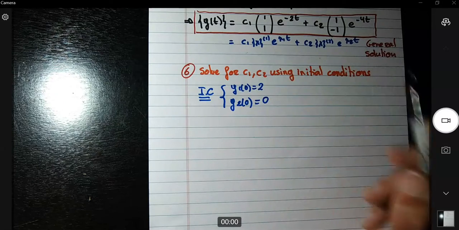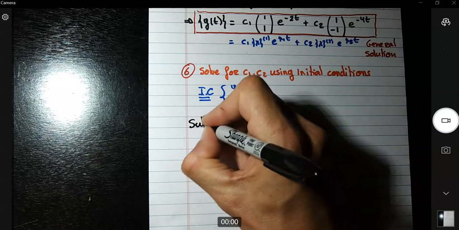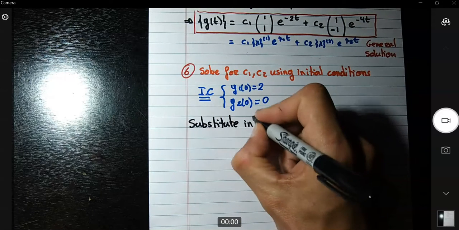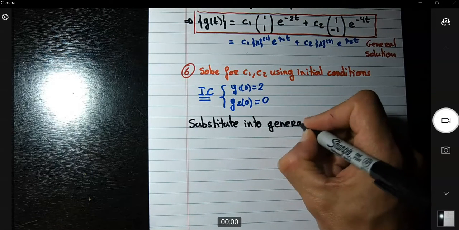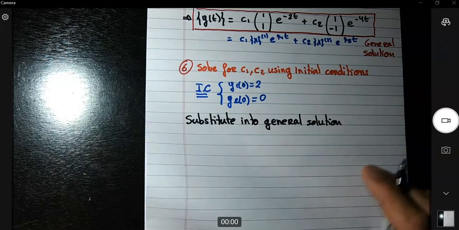So we substitute into the general solution. And what do we get?